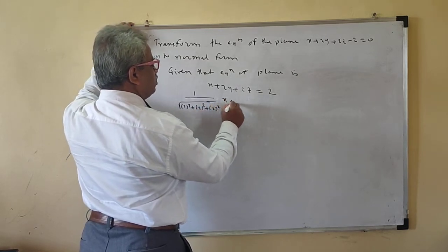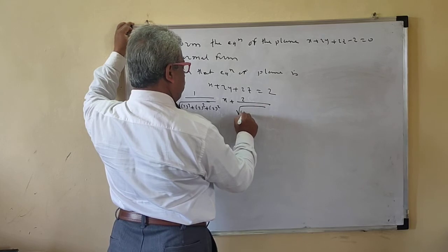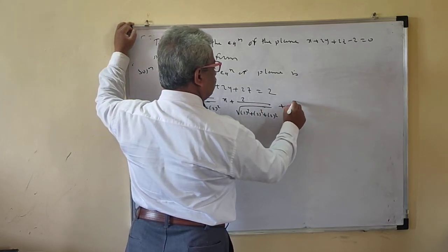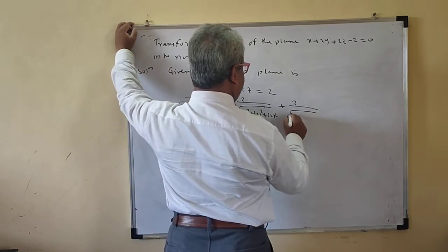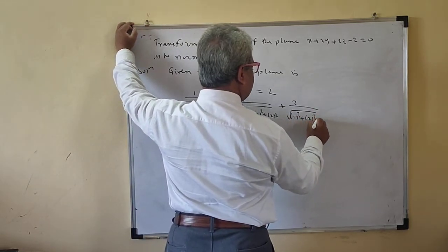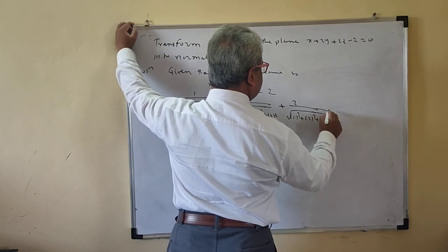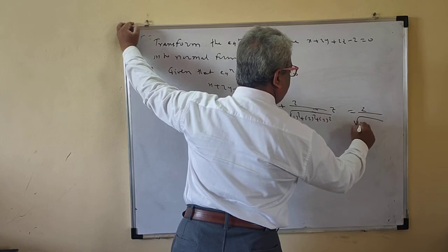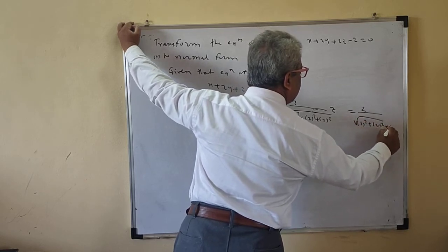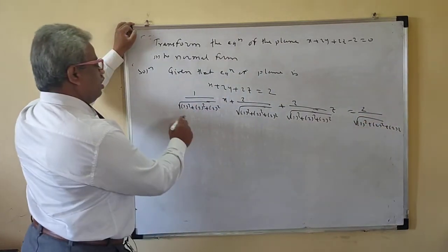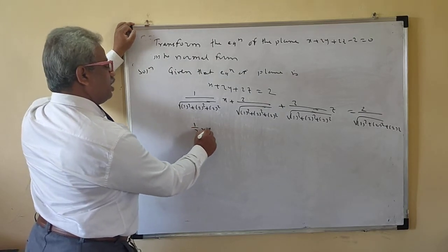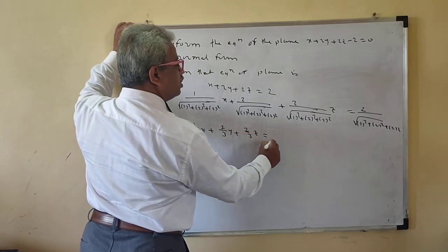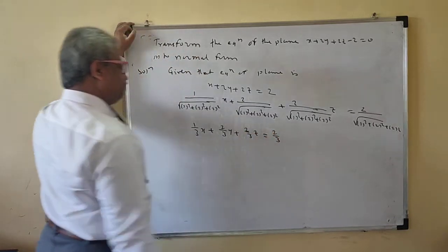Okay, this is x plus 2 upon root of 1 square plus 2 square plus 2 square y plus 2 upon root of 1 square plus 2 square plus 2 square z is equal to 2 upon root of 1 square plus 2 square plus 2 square. Just write all the things here. So this is 1 by 3. 1 by 3 x plus 2 by 3 y plus 2 by 3 z is equal to 2 by 3.